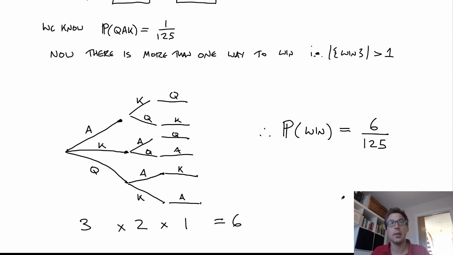Notice what this counting did: it counted all the ways I could take these 3 cards, ace, king, queen, and reorder them. It's the total number of ways I can order ace, king, queen into 3 different positions. This sort of multiplication is called a factorial.